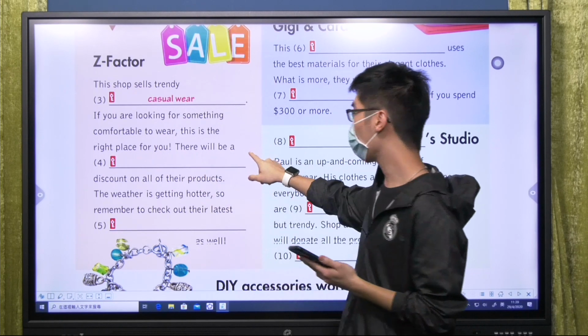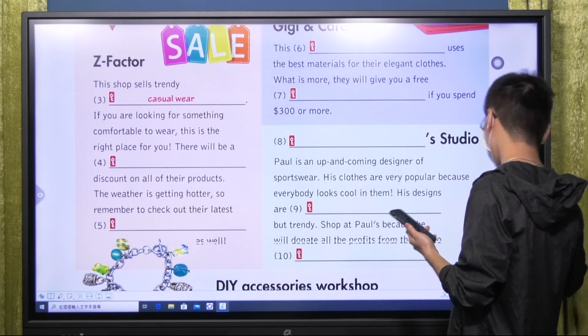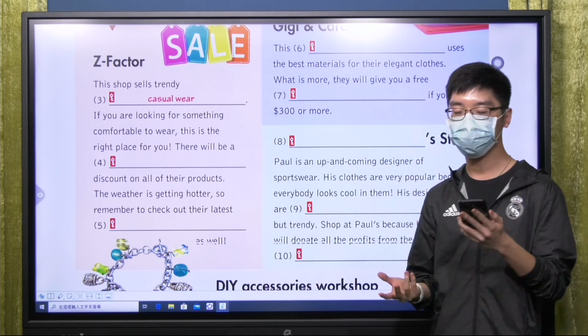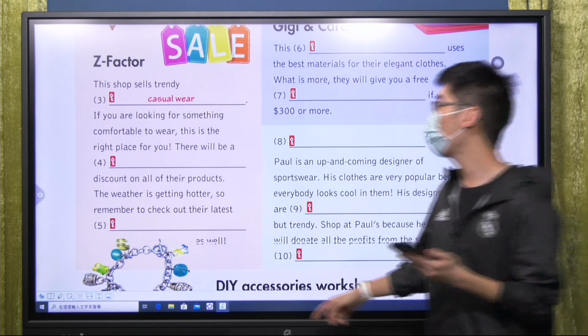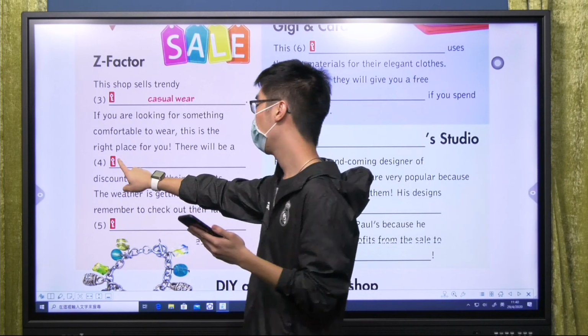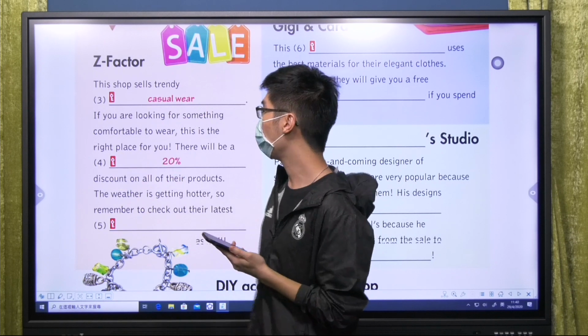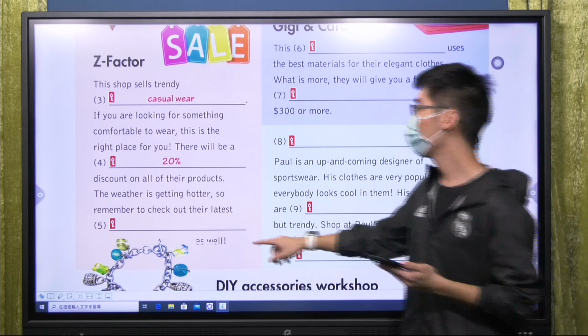So there will be a what? Discount. You can see here, discount, okay? A discount. As we mentioned before, how many percent discount it can provide? So, 20, okay? It's all from the data file. 20% off.